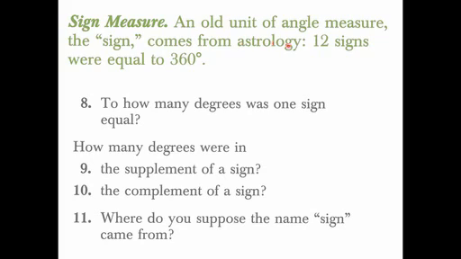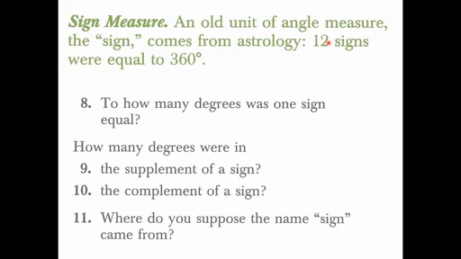All right, we're going to do a little astrology. He tries to bring in a lot of different features. Obviously, astrology is contrary to the Bible in many ways, most ways probably. But back in history, 12 signs were equal to 360 degrees. By talking about signs, they're talking about Leo and Aries and Gemini and so on.